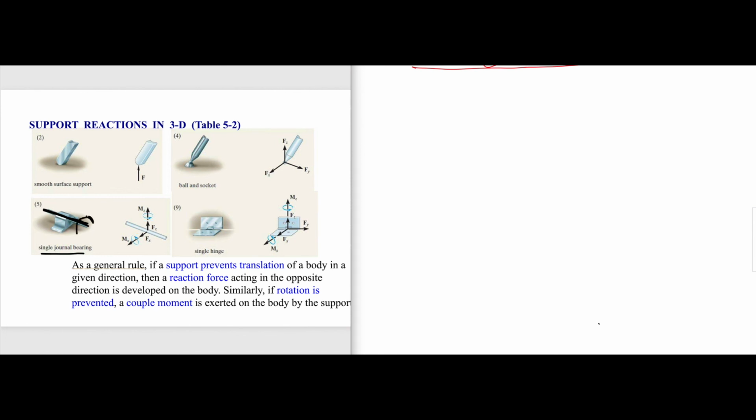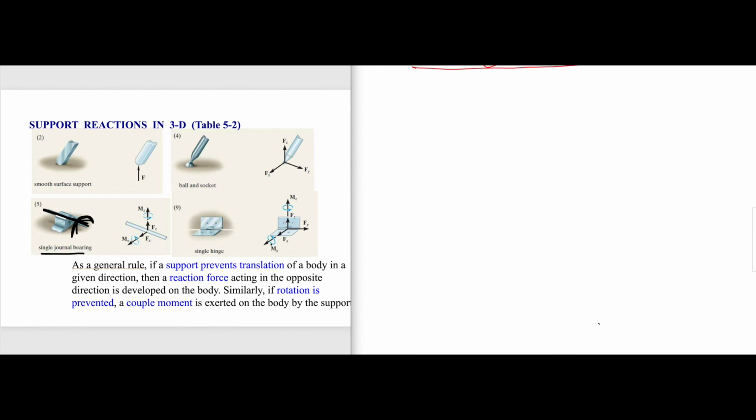Also, it is free to rotate with respect to that axis. So if you look at the free body diagram of that support, there is no force along that axis of rotation. Also, because it's free to rotate with respect to that axis, there is no moment reaction. But with respect to the other two axes, you can translate, so you have Fx, and you can rotate, so you have Mx. You can translate, you have Fz, you can rotate, you have Mz.